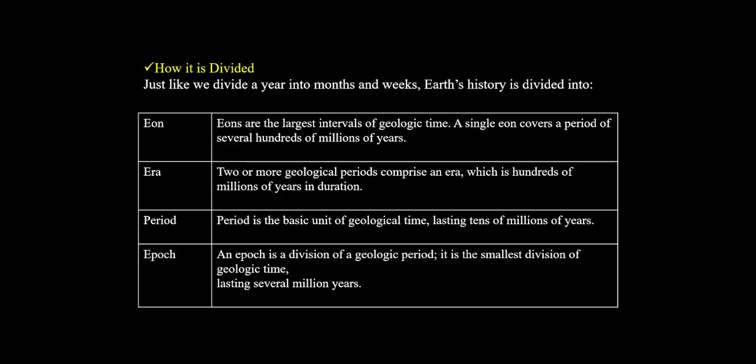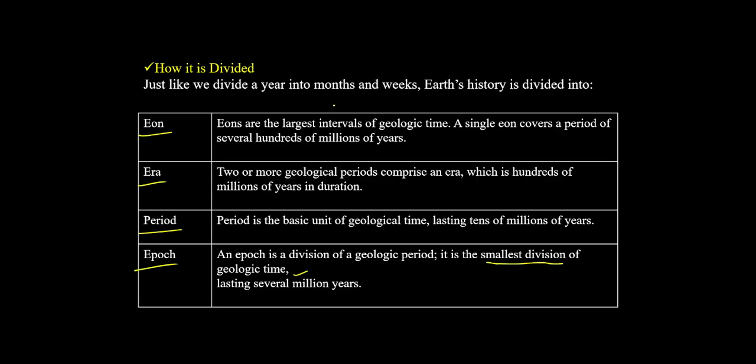Clear? Then, just like we divide a year into months, weeks, and days, similarly we can divide the Earth history into eons, eras, periods, and epochs. Epoch is basically the smallest division of the geological time scale, and it lasts around several million years.